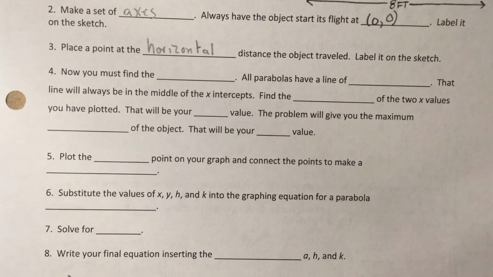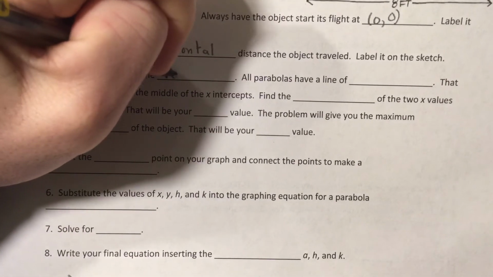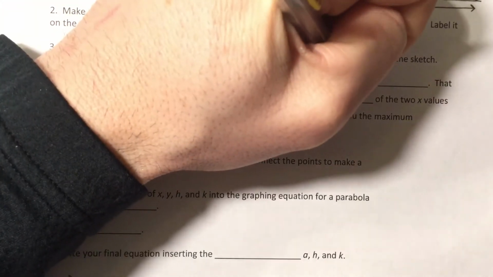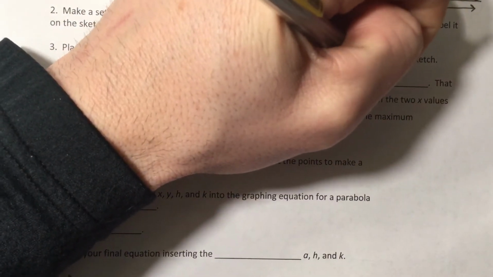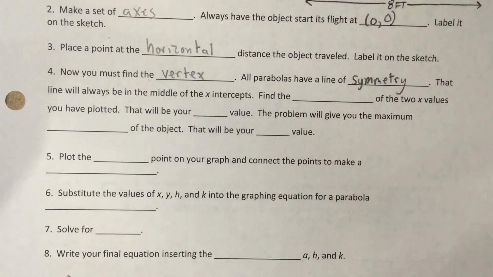Step 4, now you must find the vertex. All parabolas have a line of symmetry. That line will always be in the middle of the x-intercepts.